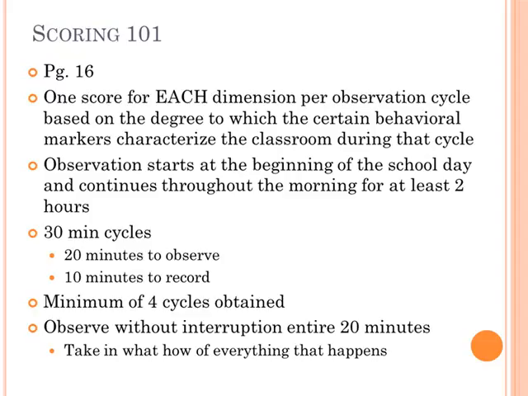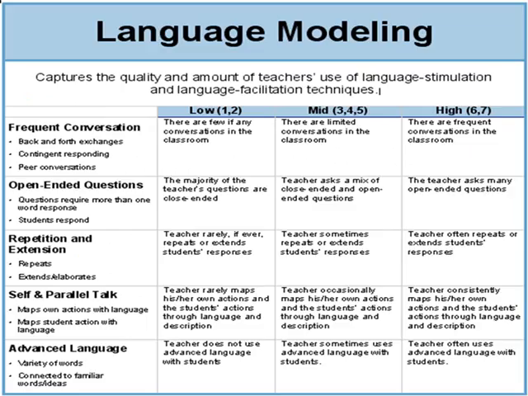Emotional support is a domain, so this isn't the domains. 30 minutes for one dimension. So in other words, 30 minutes to rate this, 20 minutes to observe just this, 10 minutes to write just this.